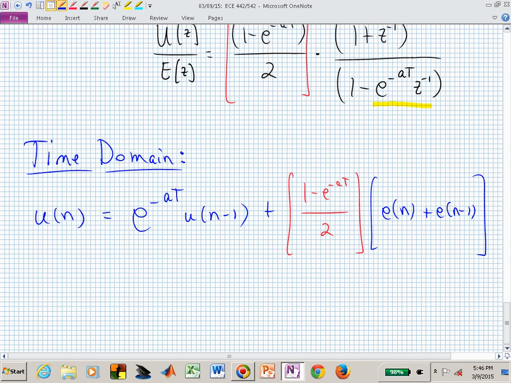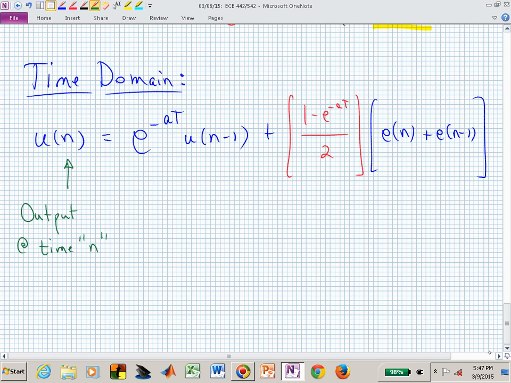And what I'm wanting to do now is pay close attention to the arguments of these time domain waveforms. Our output is U, the input is E. We actually have little n on the left. This is the output, and this may seem pretty trivial, but I want to make the point.